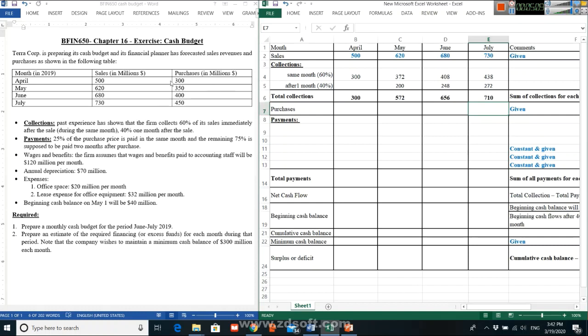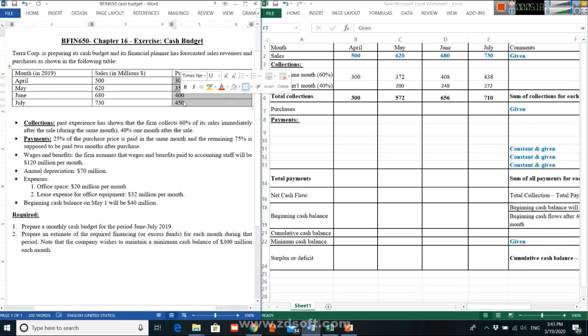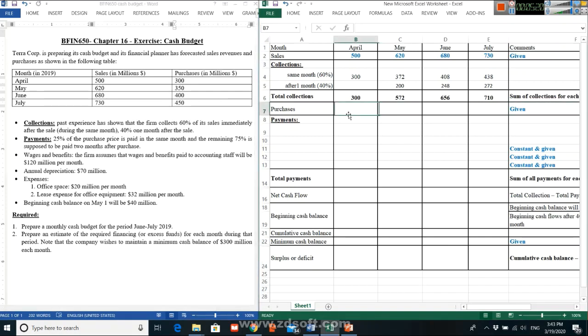Let's move to the purchases. Here the purchases will be also given. So we have to copy these amounts to the table. During April, the sum of purchases is equal to 300, May 350, June 400, and July 450.